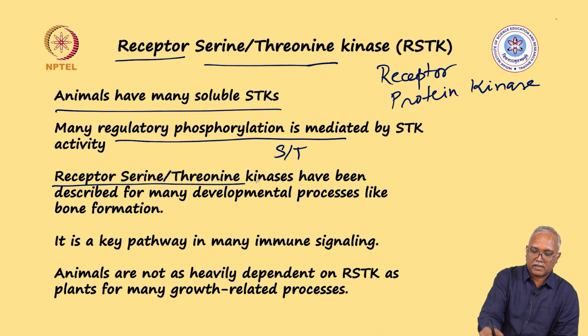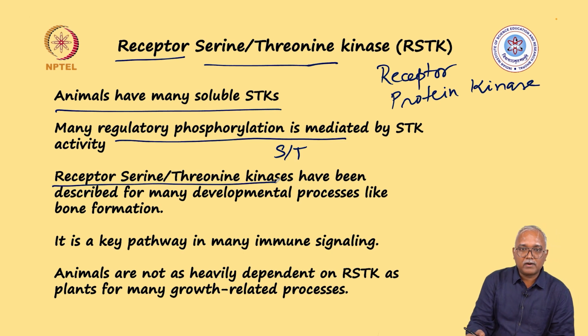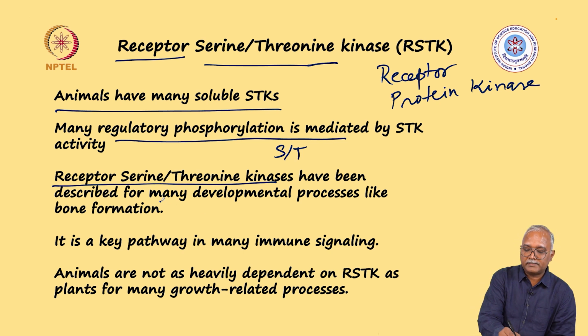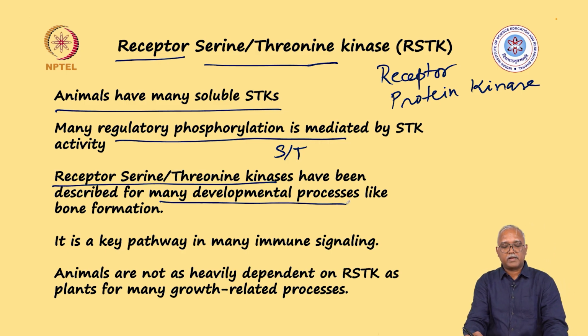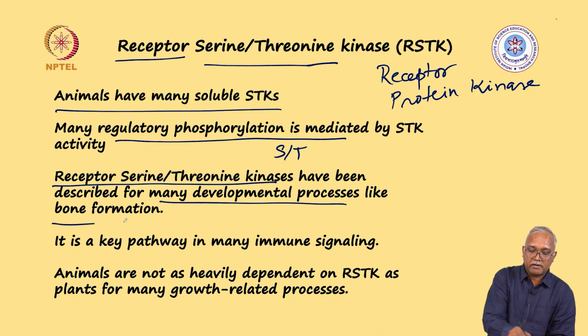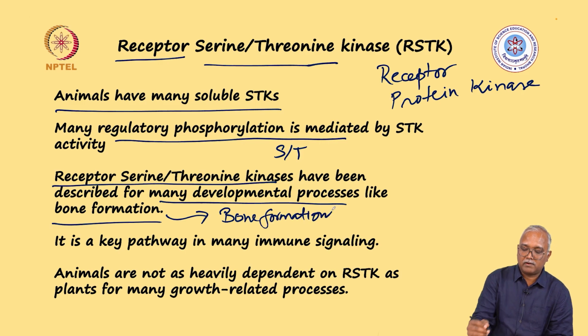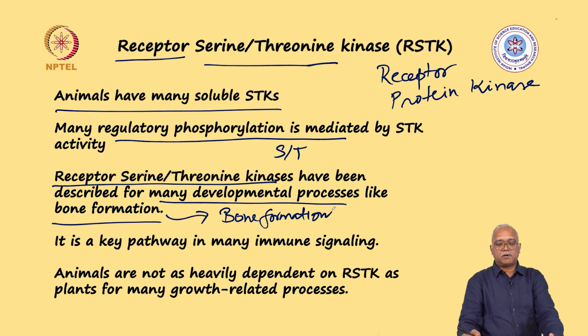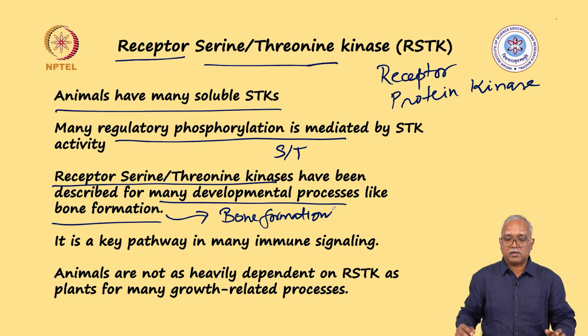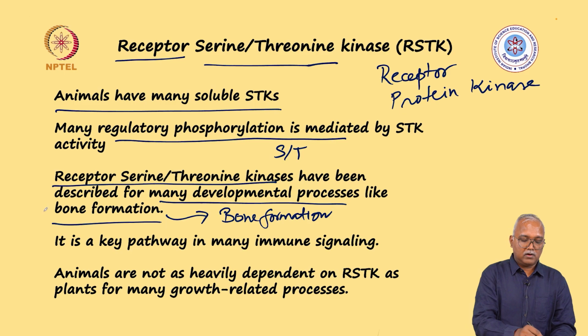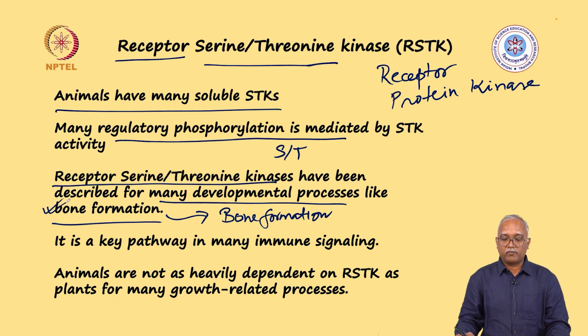Receptor serine-threonine kinases are very important. Particularly many developmental processes are regulated by them, and one of the key processes is bone formation, and we will see how the discovery of serine-threonine kinase receptor activity started when people were studying bone formation.